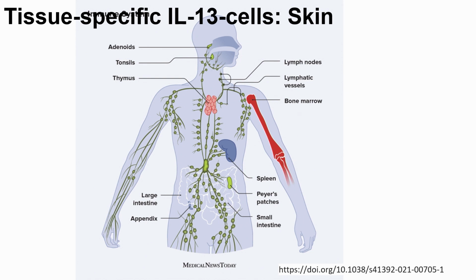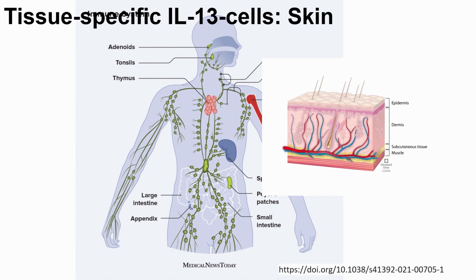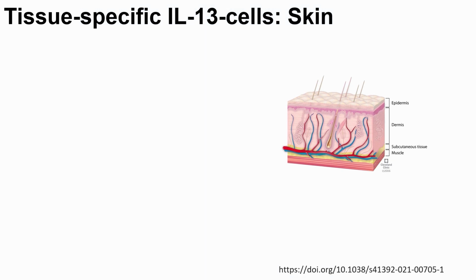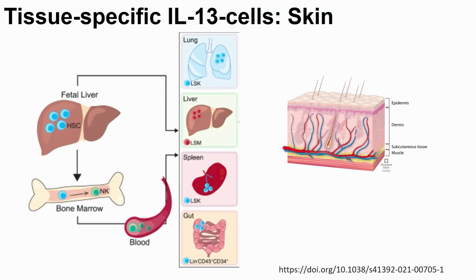So when we think about these tissue-specific IL-13 cells in the skin, we may want to look at the skin and say, well, maybe we need to think about another source of these cells and look back at where these cells are coming from in early development, certainly given the fact that this is a disease that develops so early in infancy.